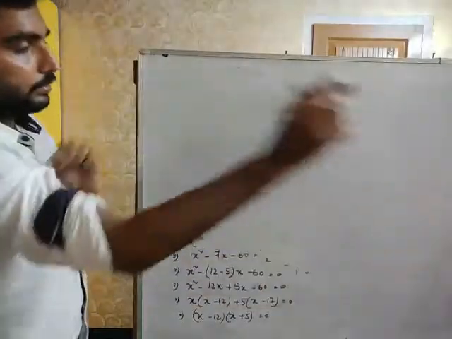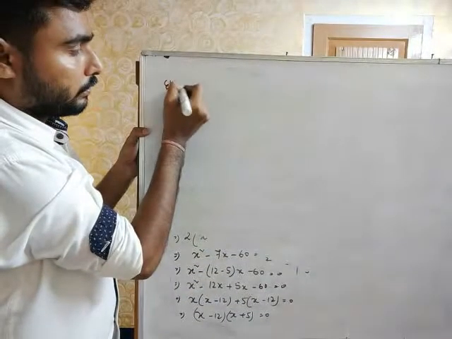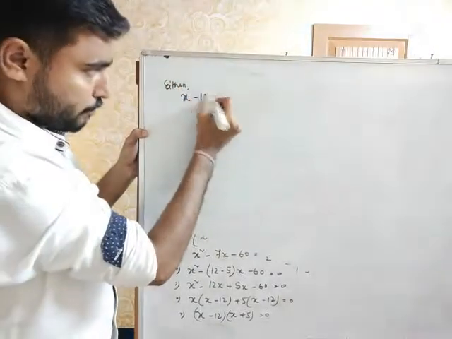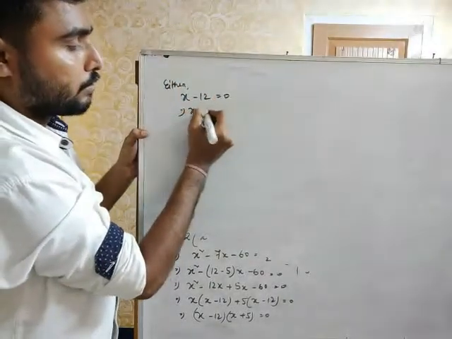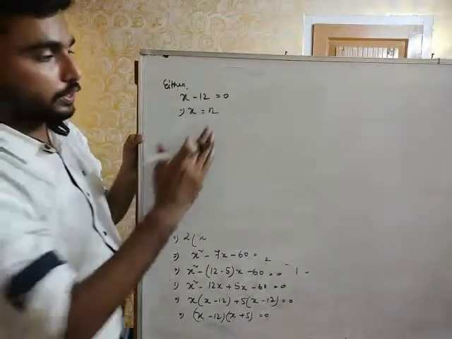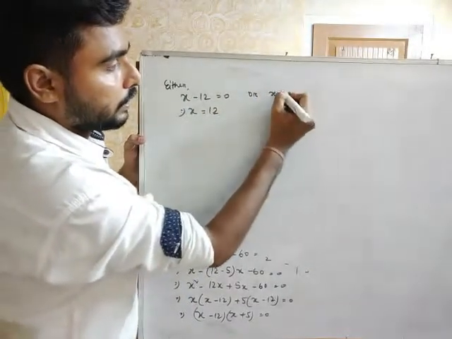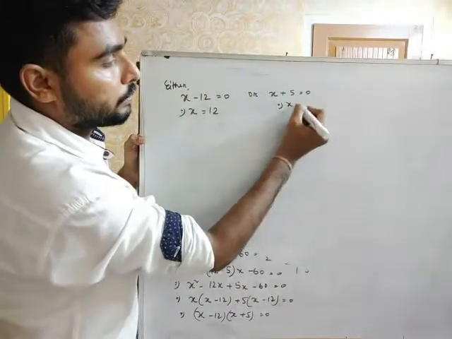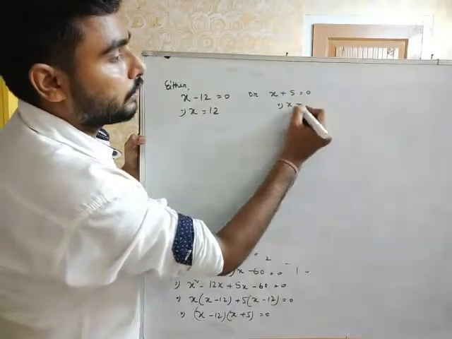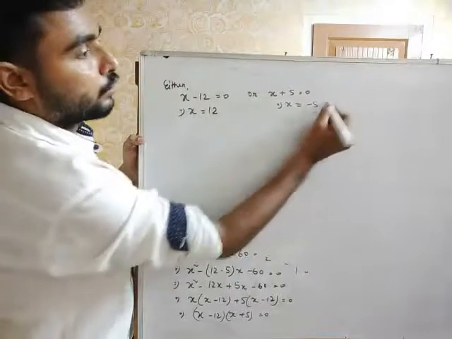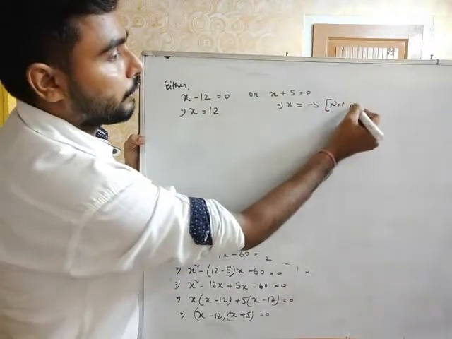So I will write, either x minus 12 is equal to 0, which implies x is equal to 12, or x plus 5 is equal to 0, which implies x is equal to minus 5. So minus 5 is not possible. Why?